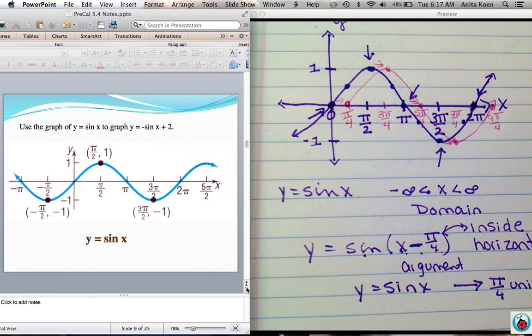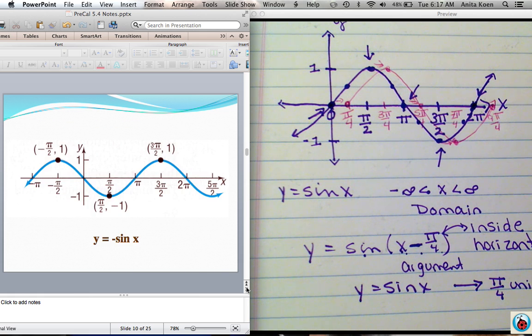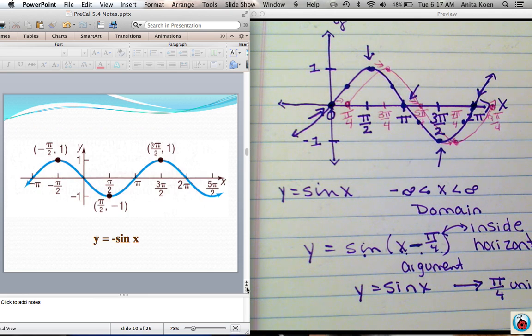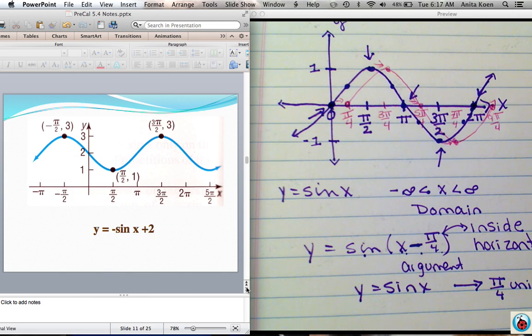Notice that if you look at the critical point pi over 2, 1, it's now at pi over 2, negative 1, and the point at 3 pi over 2, negative 1 on the sine of x is now at 3 pi over 2, 1. So we've flipped this over the x-axis. That's a vertical reflection because of the negative on the outside of the sine of x. Now all we have done is move it up 2 units.